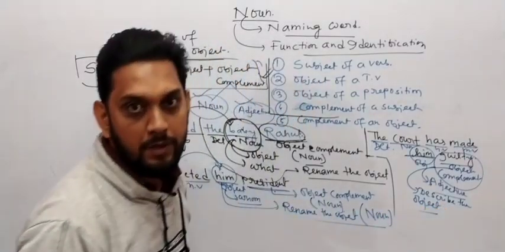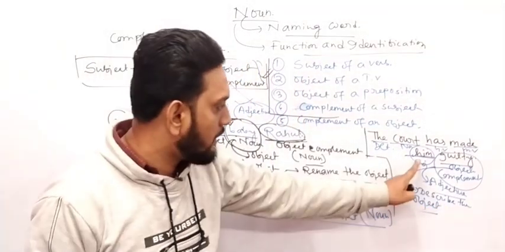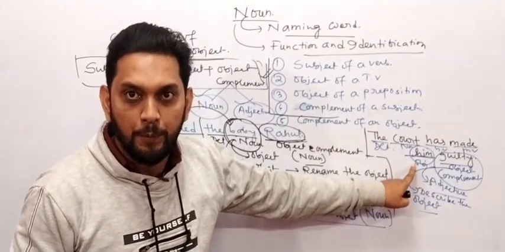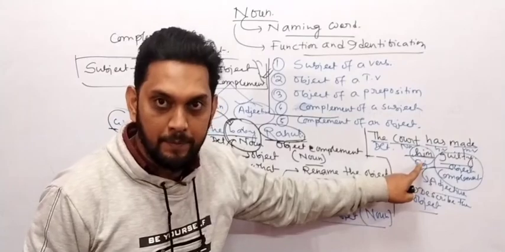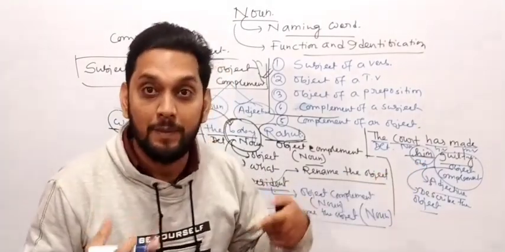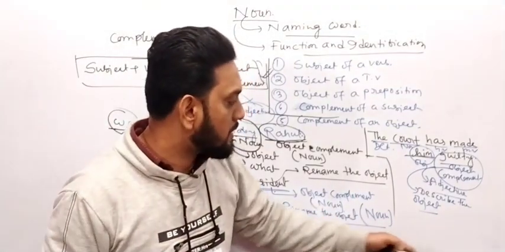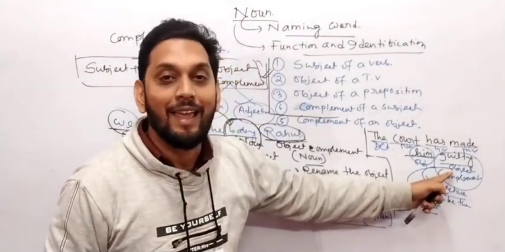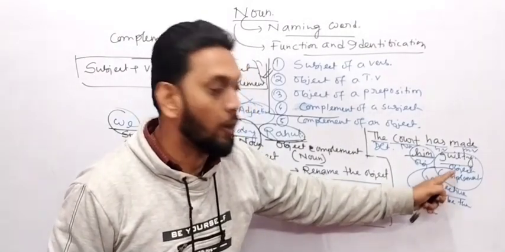It describes the object, which is an object pronoun. Because this word describes, qualifies and modifies this object, we can call it an adjective complement, which is right now written as object complement.